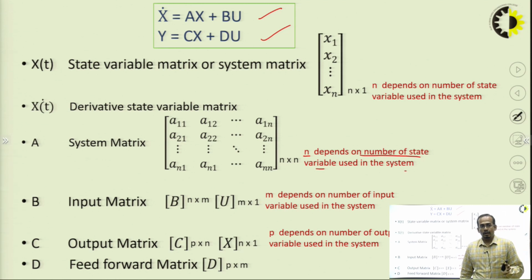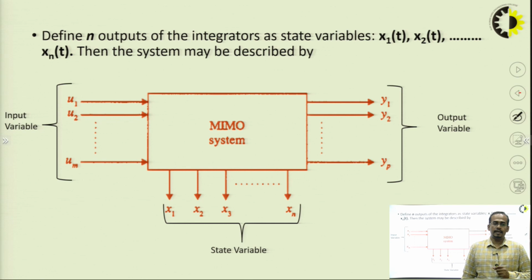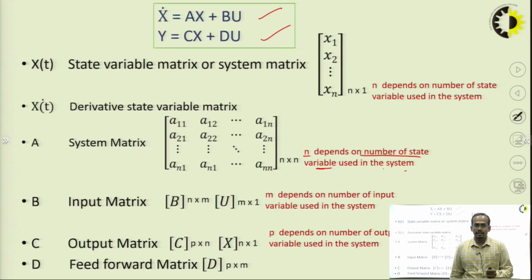The size, or order, of the matrix is decided by the number of state variables used in the system. In this figure you can see that there are n state variables, so the system matrix will be of n cross n.